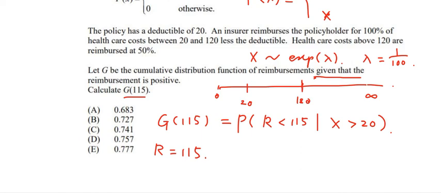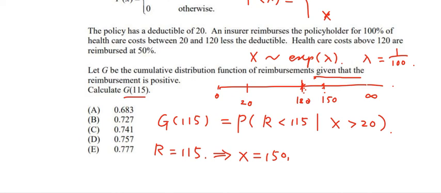Here it's 100 plus 15, so the extra loss should be 30, because above 120 they pay half. So from 120 to 150 is 30, but they pay half, which is 15. So we found x equals 150.